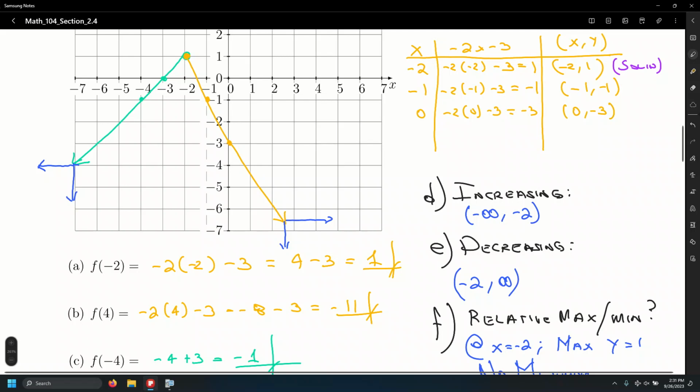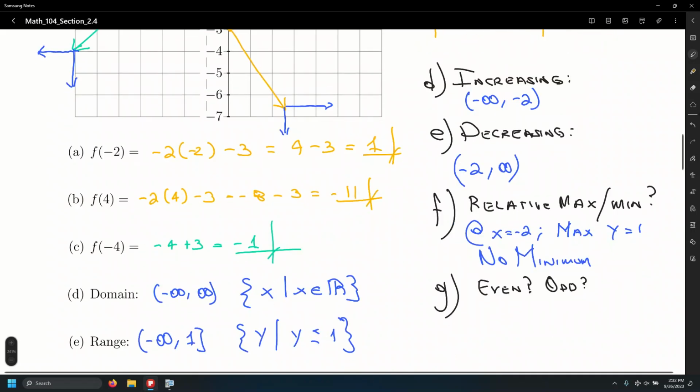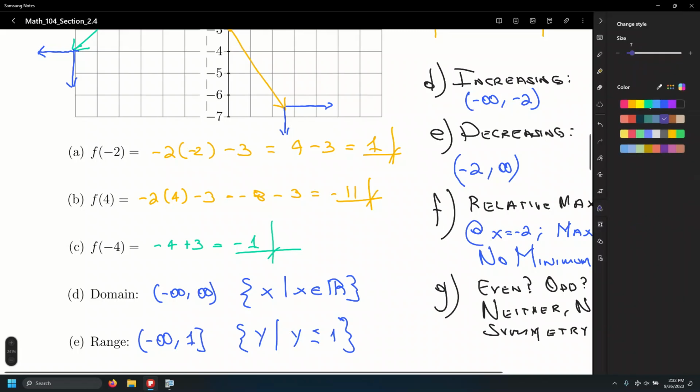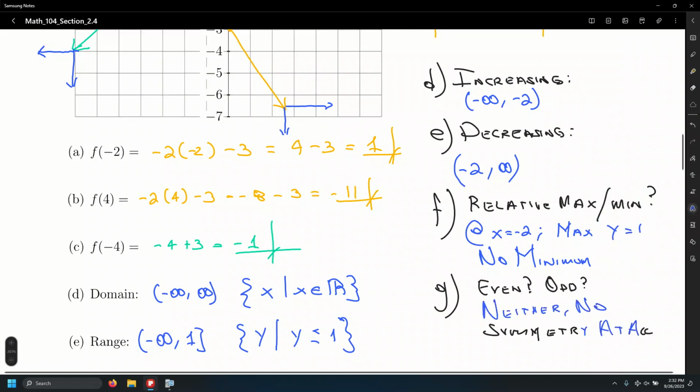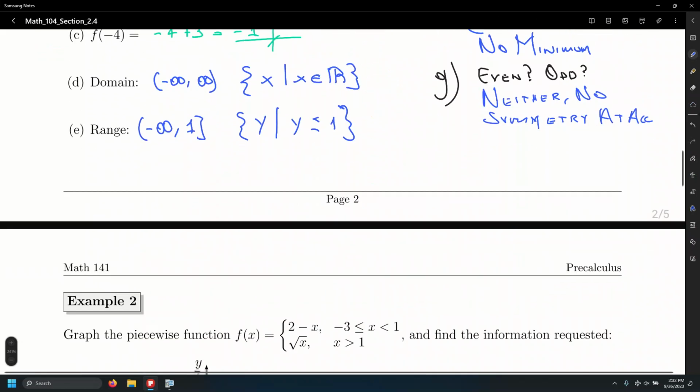I don't think it is. What about the origin? Same. So no symmetry at all. Let's change color here. All right. So that's one example. We got a lot of information.